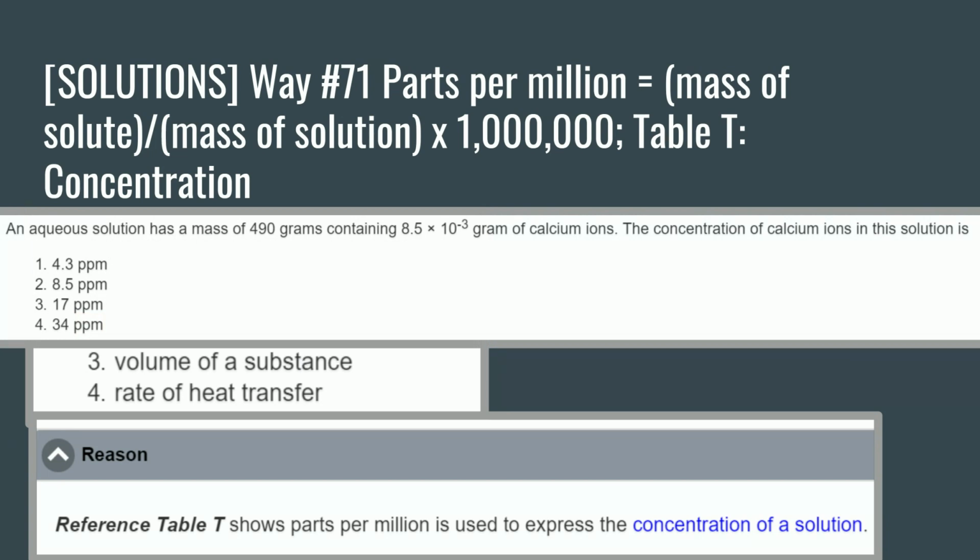An aqueous solution has a mass of 490 grams, containing 8.5 times 10 to the negative 3 grams of calcium ions. The concentration of calcium ions in this solution is, notice that all the answer choices are in parts per million, so you're going to have to use the parts per million equation in order to calculate.